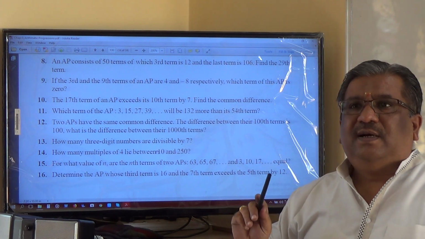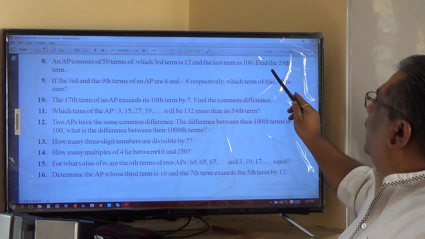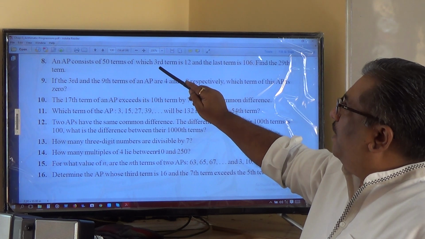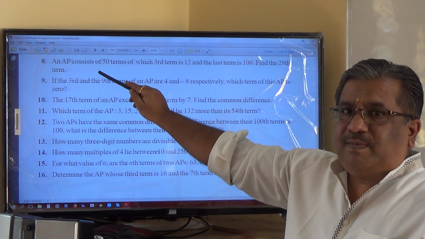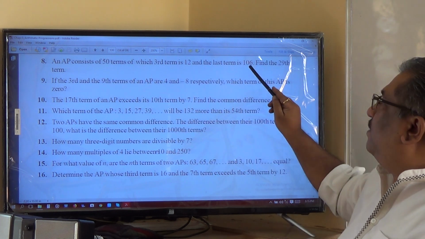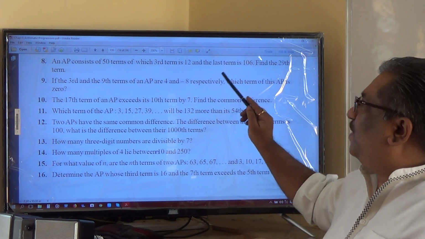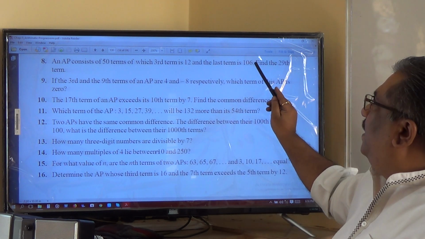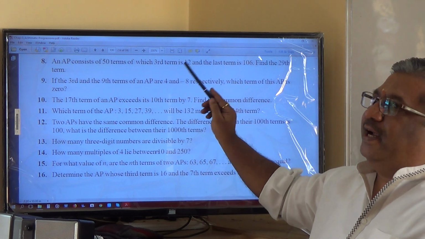Last term means nth term, n equals 50, so A50 is equal to 106, which means A plus 49D equals 106. And A plus 2D equals 12. A and D are unknowns. Two equations.